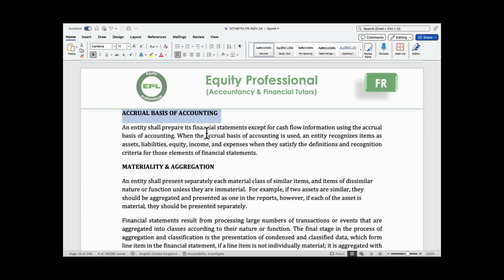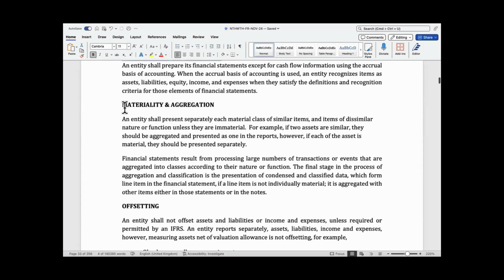Then another important one is materiality and aggregation. You have heard of materiality before when I mentioned relevance. I told you that the relevance of an item is influenced or determined by its nature and materiality. And I explained that.